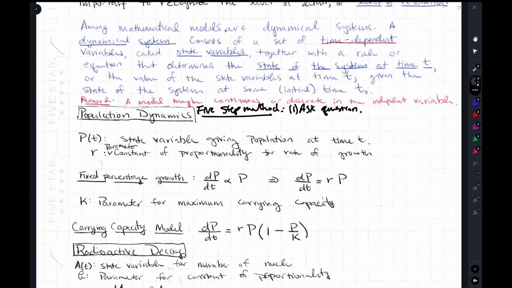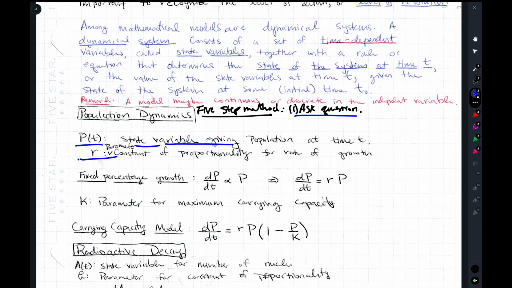And so here we could ask, for example, what is the population going to be in the future? Okay, so we ask the question. As part of asking the question, we'll state what our variables are, state variables. We'll also state our parameters. That's also part of asking the question.